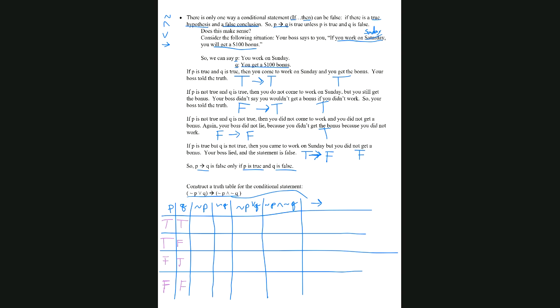All right, so not P is the opposite of whatever P is. So if P is T, not P is F. So false, false, true, true.